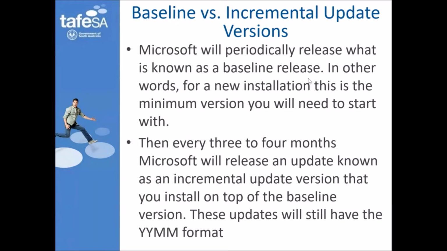Then every 3 to 4 months, Microsoft will release updates known as incremental updates, versions that you install on top of these baselines. These updates still have the year format, but they're smaller updates, and we get them all the time, almost every month. If you've noticed, every month, probably on a Tuesday, your computer will ask to restart because there's been an update. Have you noticed that yourselves, guys?